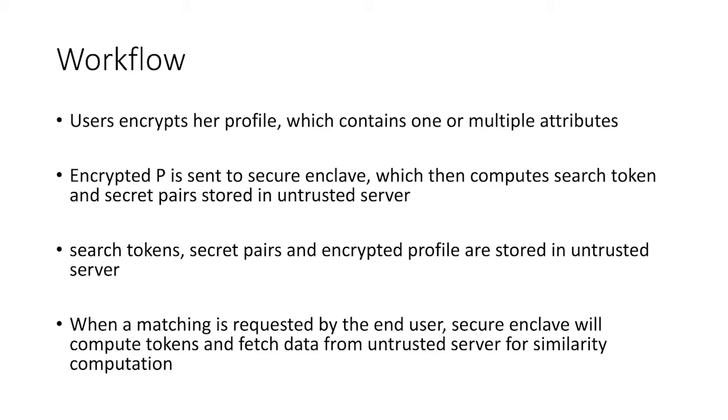Upon receiving the encrypted profiles, the secure enclave decrypts the profile and constructs a search table based on searchable encryption, which involves computing a search token and secret pair for every attribute. Finally, the secure enclave returns all search token, secret pairs, and the encrypted profile to the untrusted server for storage.